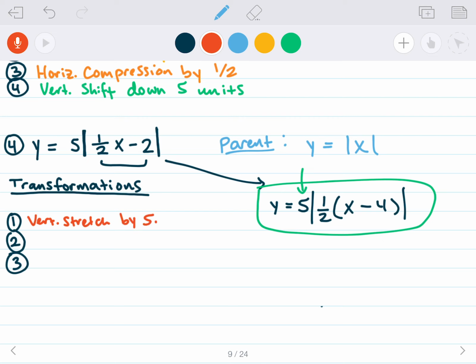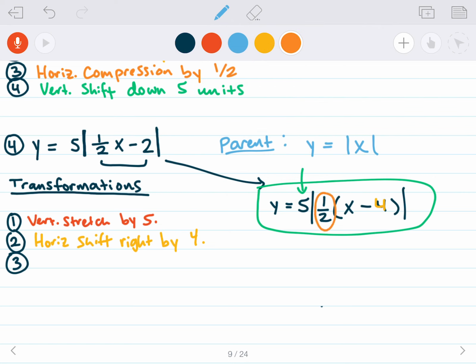Okay. Looking on the inside now, so what's affecting horizontally? Well, I have a shift, right, because I have that -4. So this is going to be a horizontal shift right by 4 units. And I also have a horizontal stretch because of this number right here.